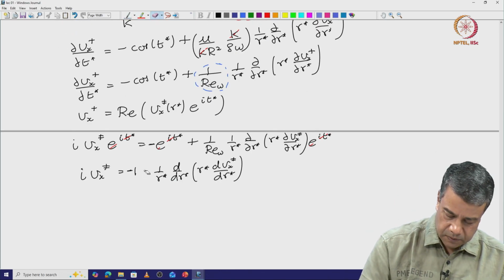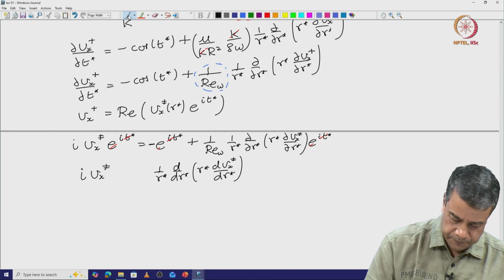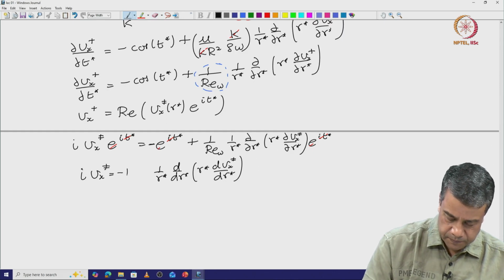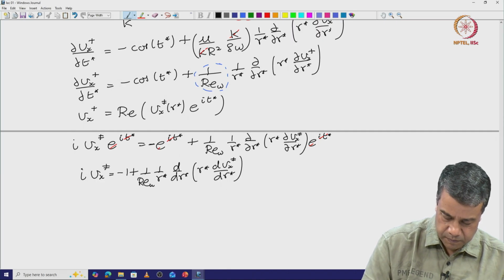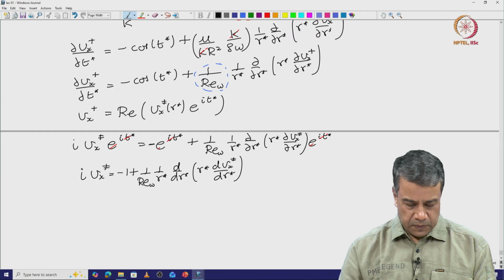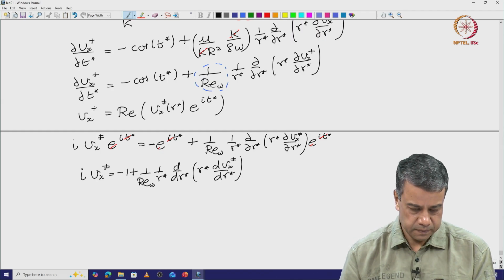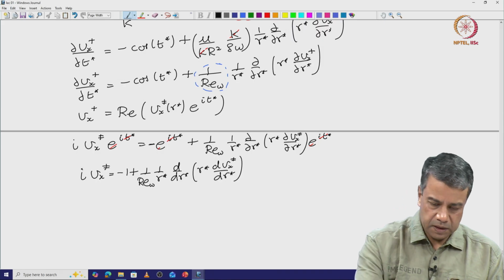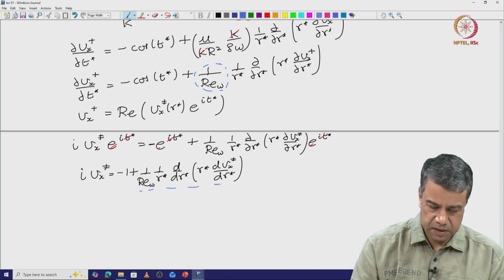And there should be a factor of 1 over Re. And in the limit as Re omega is large, this number is small.